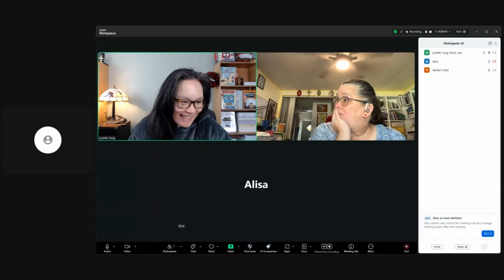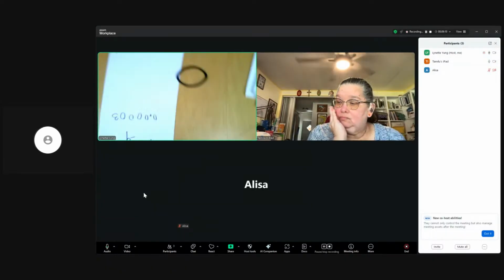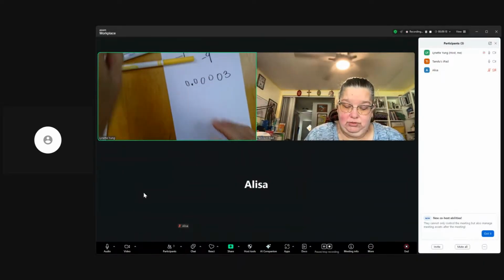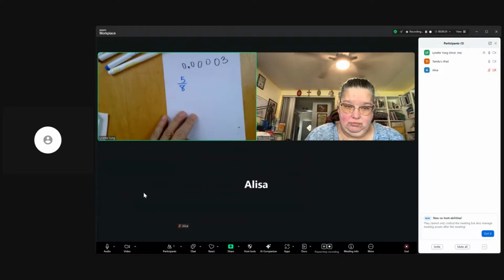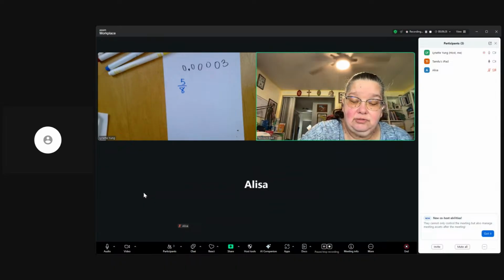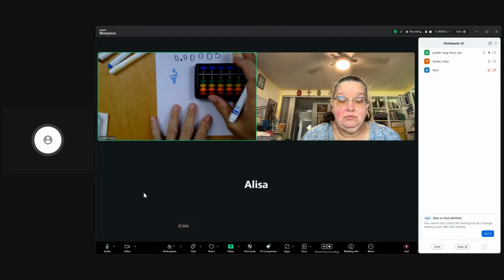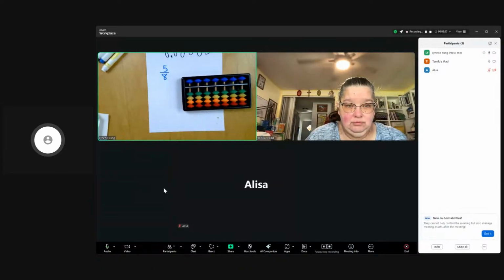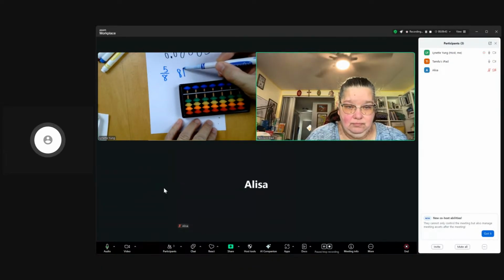The first one we could do is 5/8. So the first thing we're going to do is understand how we set it up as a division, because that's what fractions are. Fractions are just division. So we divide 8 by 5.